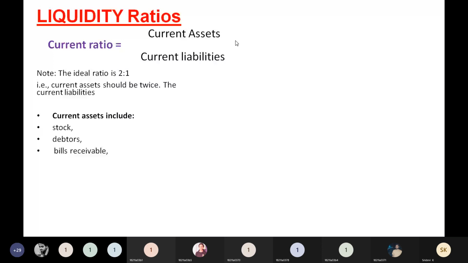So certain bills will be given by them, and you hold them for a certain time period to get back the amount mentioned in the bills. Such bills come under bills receivables. Receivables means that which should be received in the near future. All the bills which should be received in the near future come under bills receivables.